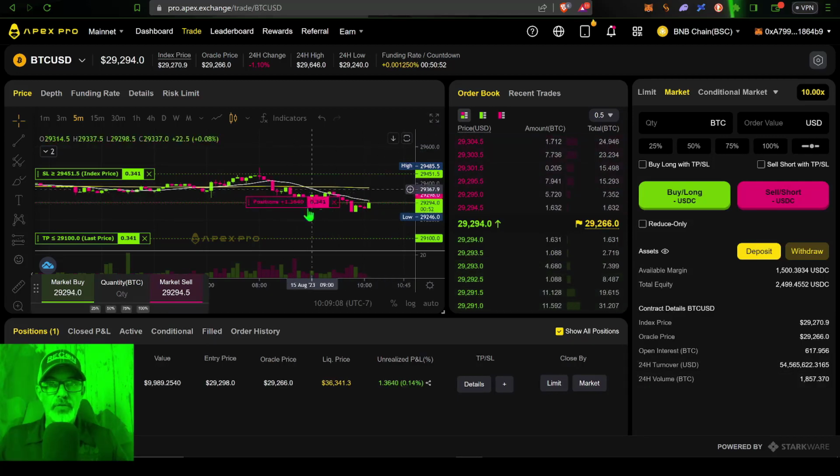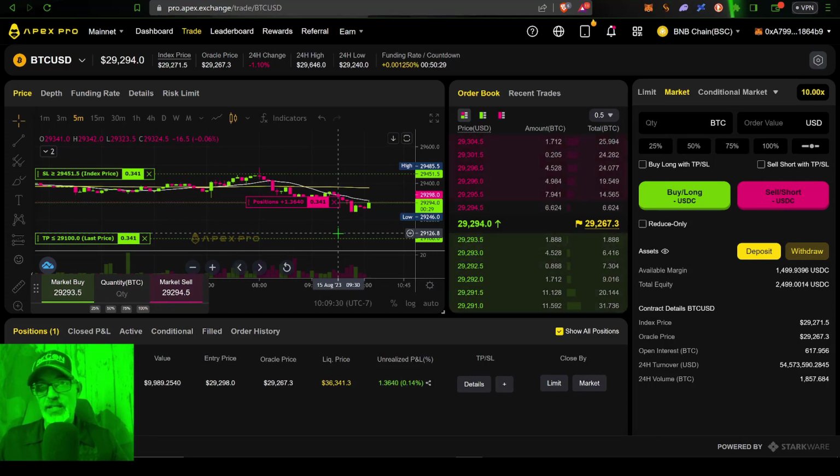And now if we look over here at the chart, you can see my entry price right here, my stop loss up here at the top of these candles before Bitcoin price actually rolled over. And then my take profit price is down here at that 29,100. Now, for example, I don't like having take profit on an even number like 29,100.